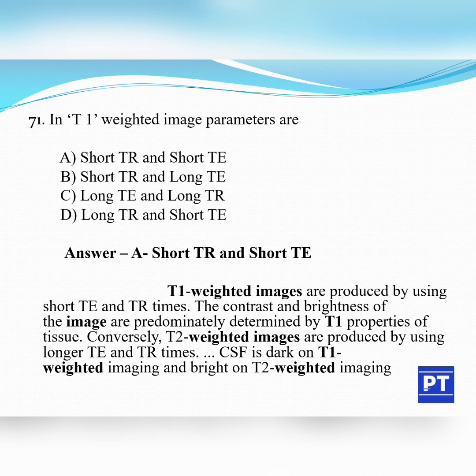The contrast and brightness of an image are predominantly determined by T1 properties of tissue. Conversely, T2 weighted images are produced by using long TE and long TR times, and the CSF is dark on a T1 weighted image and bright on a T2 weighted image.